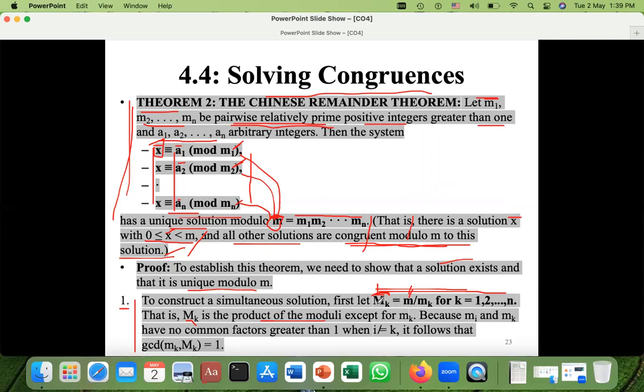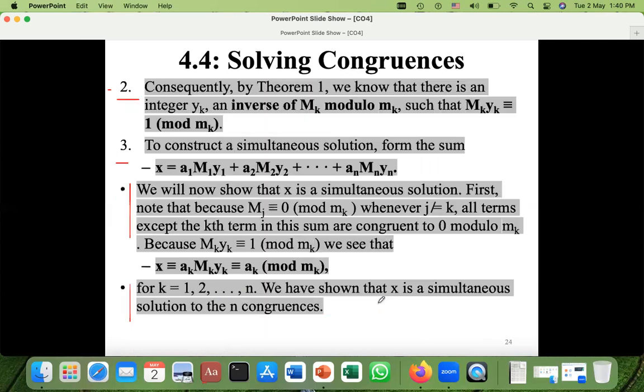So now, if I say Mk modulo mk, you have both of these values: the value for capital M1 and small m1, capital M2 and small m2.